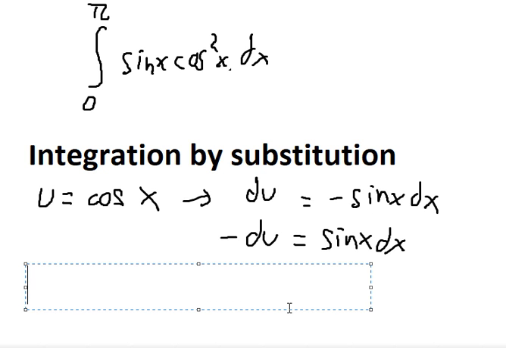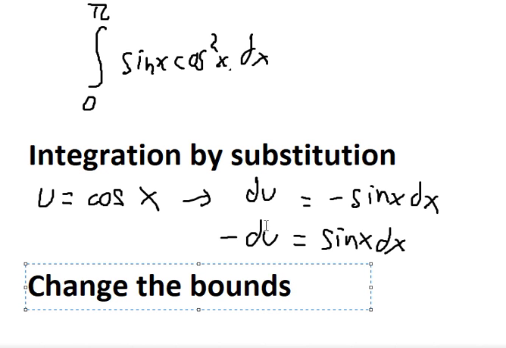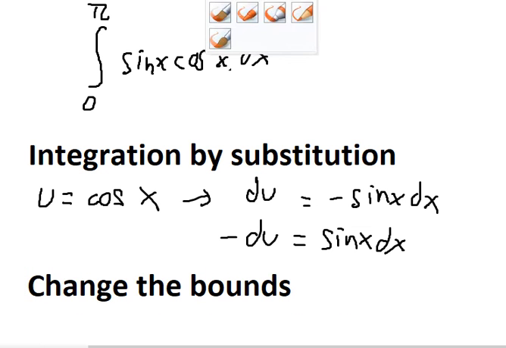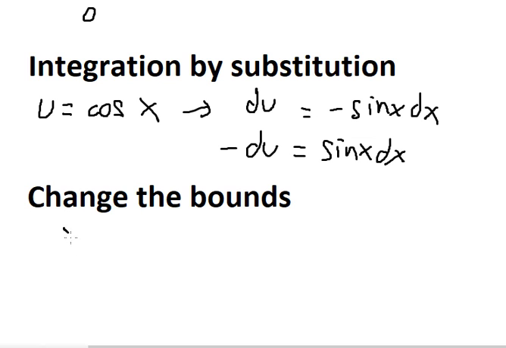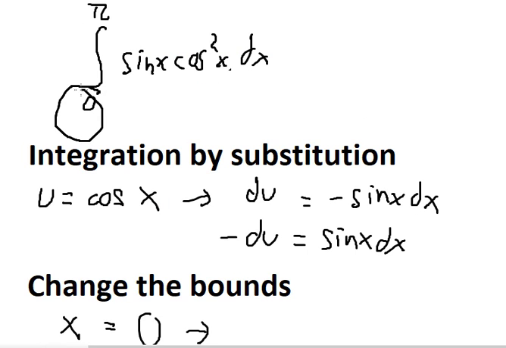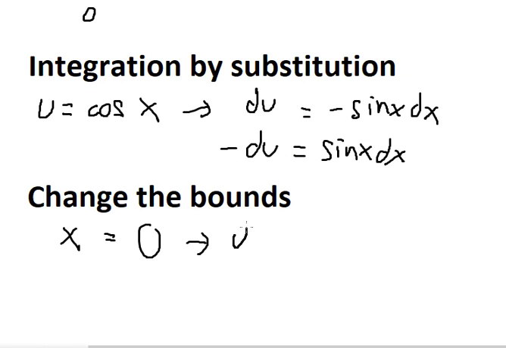Next, we need to change the bounds. So we got s equal to number 0. So we put number 0 here because we have the bounds of number 0. And you got u equals number 1.